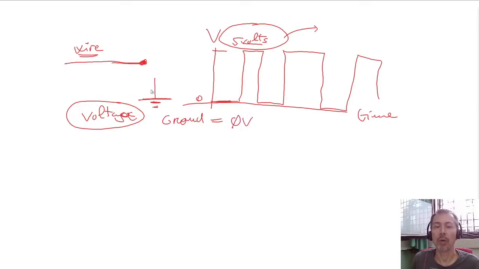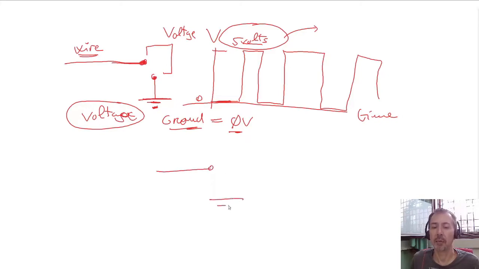All our circuits will share a common ground, and this will be 0 volts, and we are measuring the voltage between the wire and the ground. This is the voltage of the signal. And the output is the same. We will be outputting a signal measured between the output signal wire and the common ground.